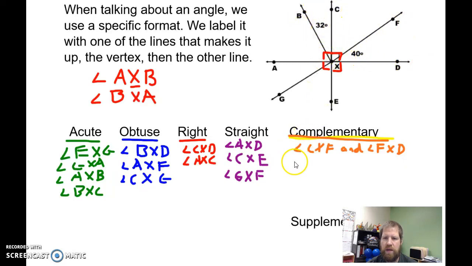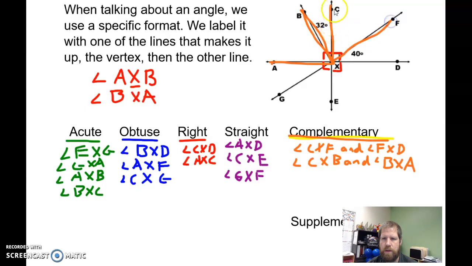Angle CXB and angle BXA are complementary. So this angle and this angle form a 90-degree. This angle and this angle form a 90-degree. Okay. And we've got another one down here.